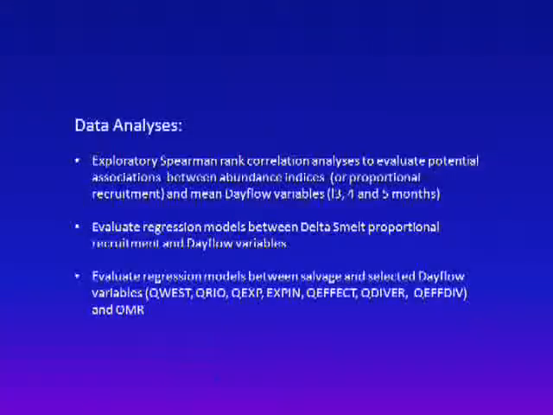are used to produce these relations with different flow variables or diversions. So the first stage was to do just a rank correlation analysis for the abundances and also for the recruitment ratios.